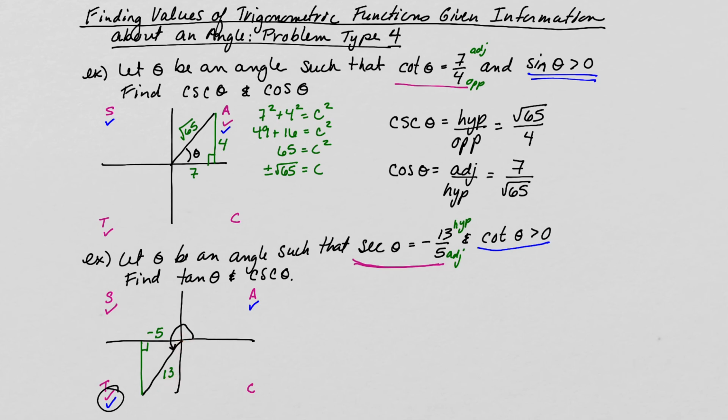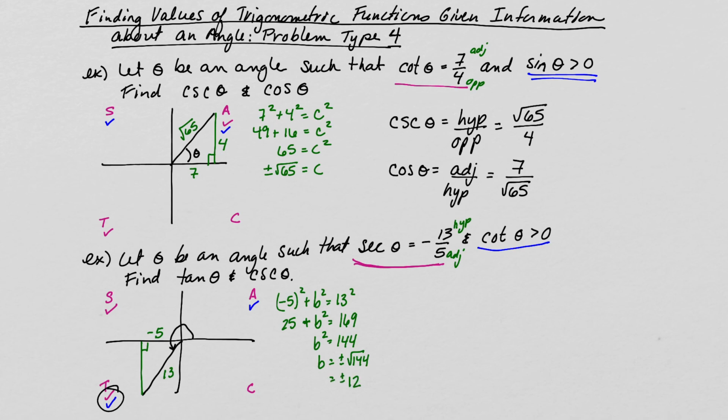This works out well because I needed a negative because I had the negative there. So now I just need to find that missing side. Negative 5 squared plus b squared equals 13 squared. So 25 plus b squared is equal to 169. So b squared is going to be equal to 144. So b is going to be equal to plus or minus the square root of 144, or plus or minus 12.